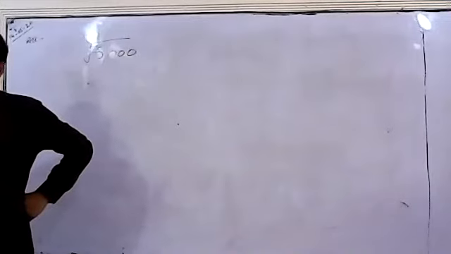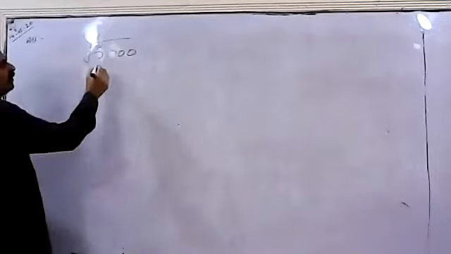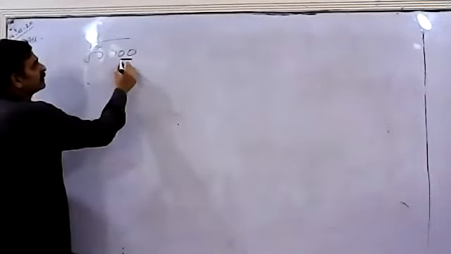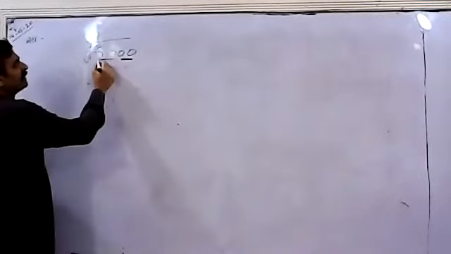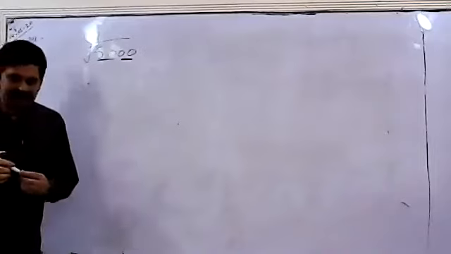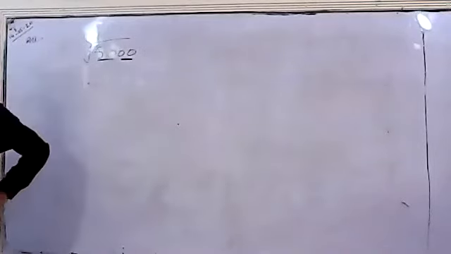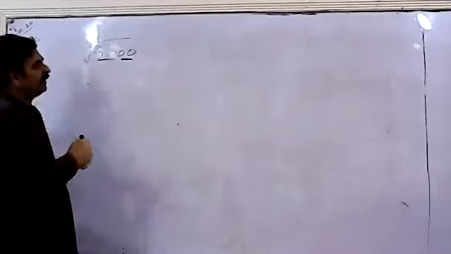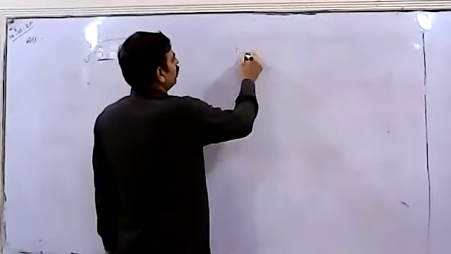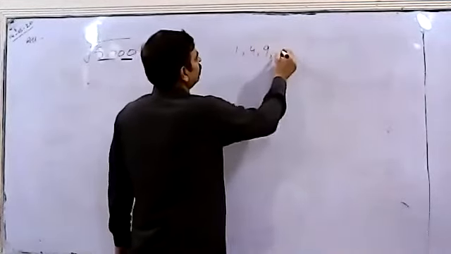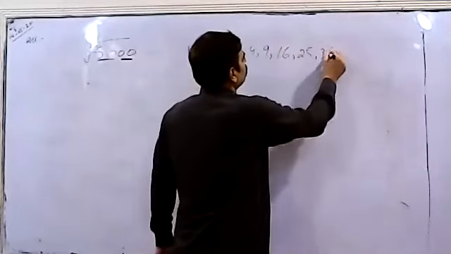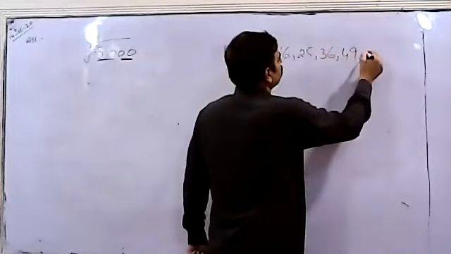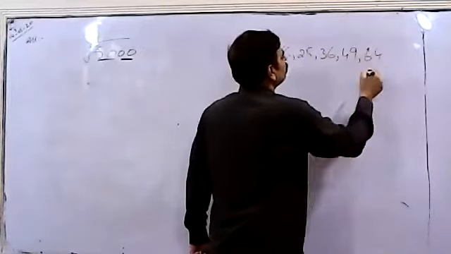In this case, we can estimate the value as 50,000. If we want to make pairs, two zeros become one zero, and the other one is 50. We will find the nearest square number to 50. If we write square numbers: 1, 4, 9, 16, 25, 36, 49, 64.